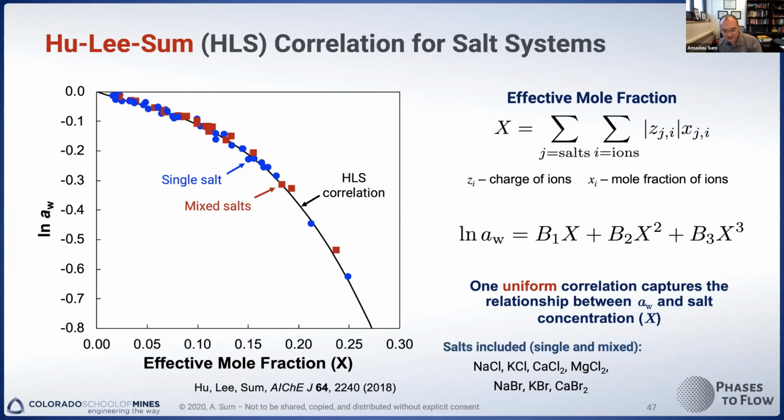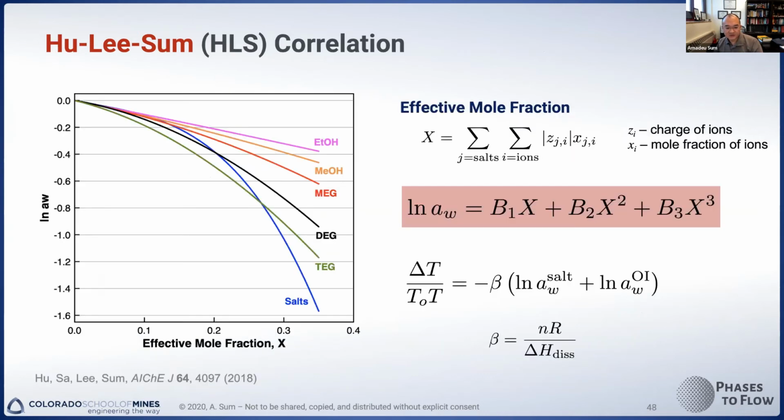Now, this has certainly much larger implications beyond just what we're doing for hydrates, also in electrolyte science, right? But the key point here is that we can collapse this data and have a very simple correlation for the water activity to this effective mole fraction. And we can do this not only for the electrolytes, but for the organic inhibitors.